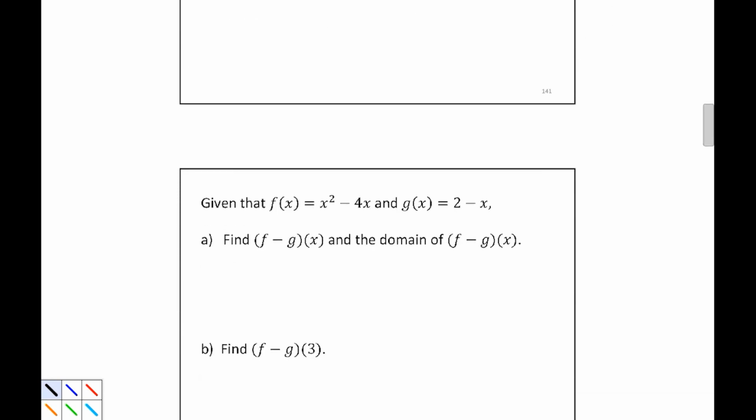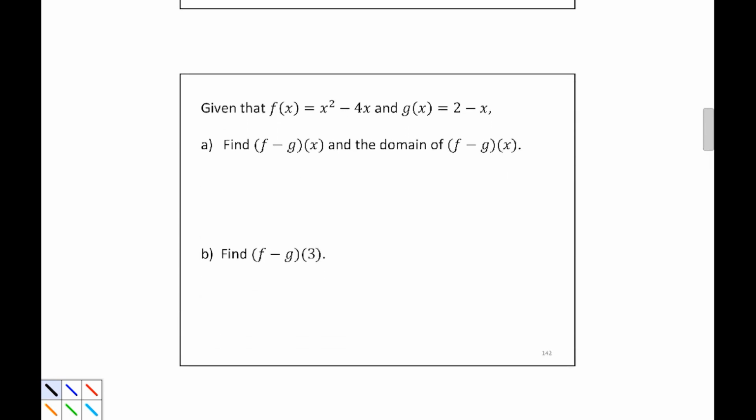Our next example says, given that f of x equals x squared minus 4x and g of x equals 2 minus x, find f minus g of x and the domain of that. And then also, part B, find f minus g of 3. So f minus g of x, let's do this.